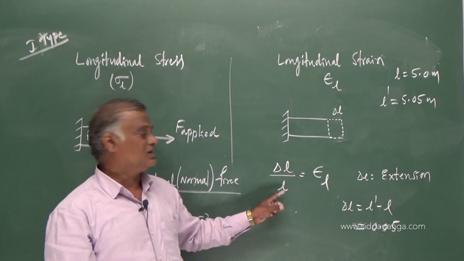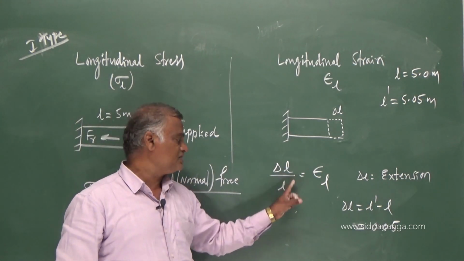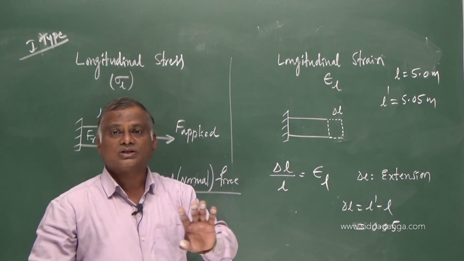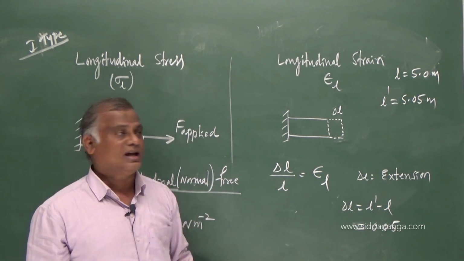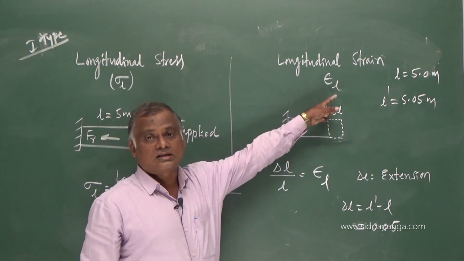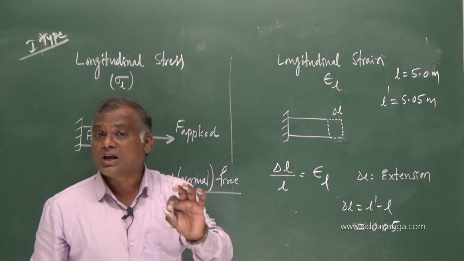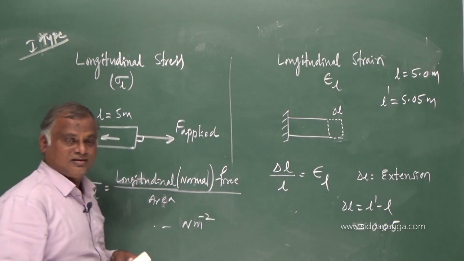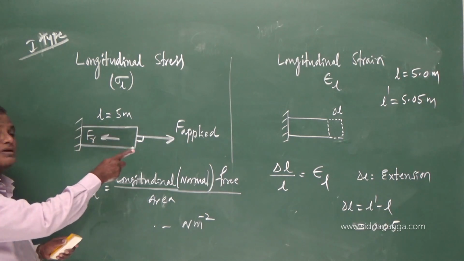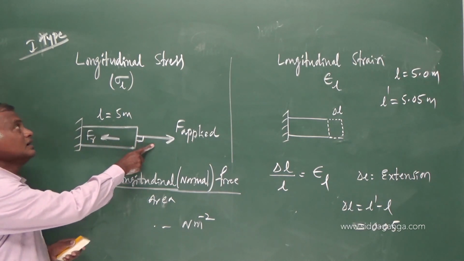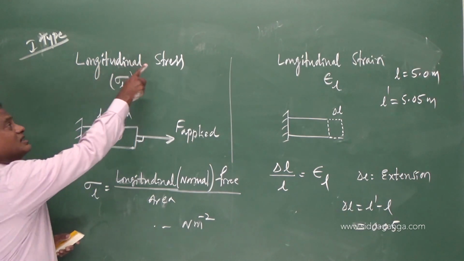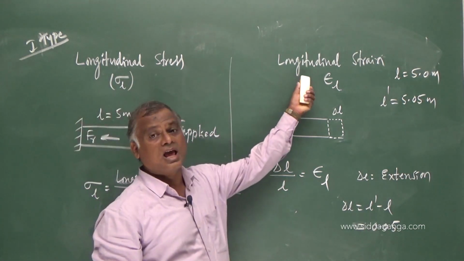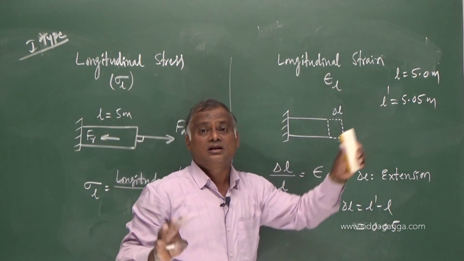As we discussed, ratio of a same physical quantity has no unit, hence longitudinal strain is unitless. So depending on the type or direction of the force applied, there is a longitudinal stress and correspondingly longitudinal strain.